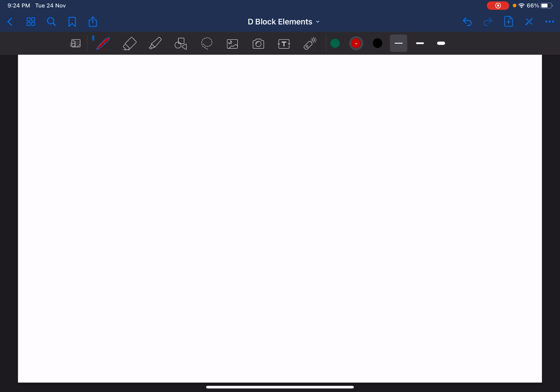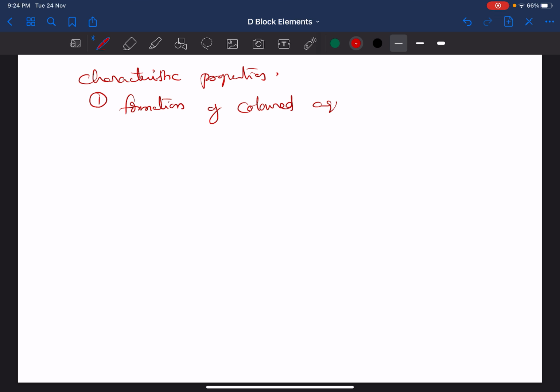So we will discuss some of the characteristic properties of d block elements in a detailed way. What are those main characteristic properties? The first one is the formation of colored aqueous ions. The second one is different oxidation states; a single element will show different oxidation states.